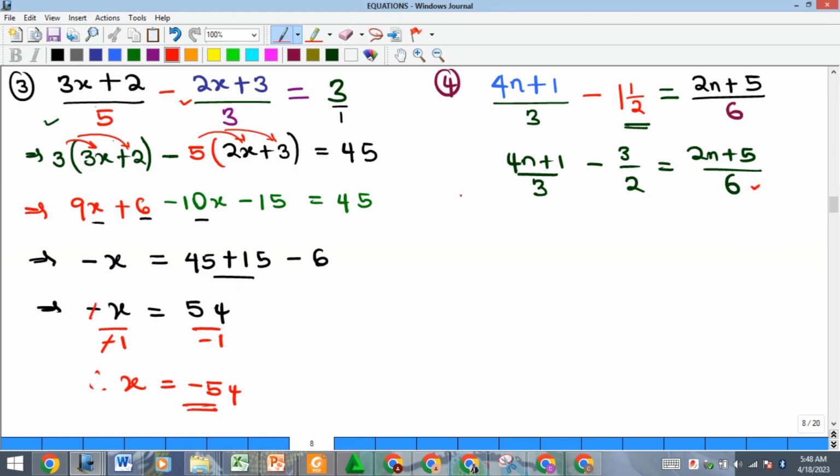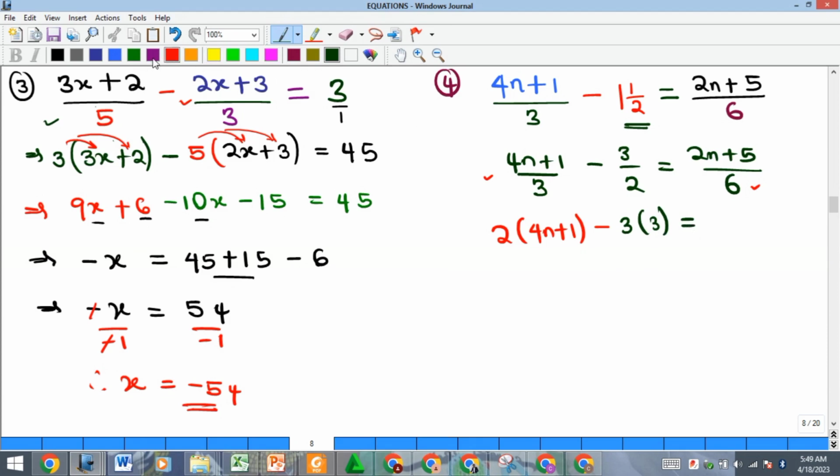So 6 will multiply through, remember what I said, when 6 multiplies the first term, 3 will cancel it and 2 will be left. So you have 2 into 4n. That means the 2 will now multiply the numerator, and that is minus. Okay, the next one, 6 multiplying 2 will cancel 6 and you have 3. The 3 will now multiply your numerator, which is 3 times 3.